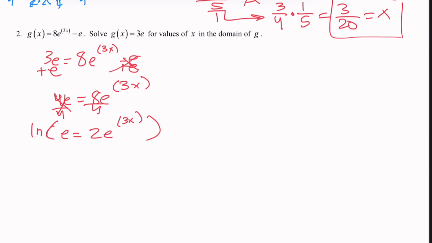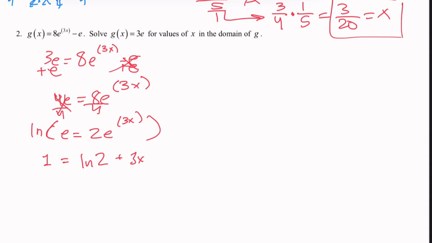So we can basically just write 1 is equal to ln2 plus, looks like this value right there. So I'm going to write ln e to the power of 3x, but because it's the power, we can move it to the front. So 3x times ln e, and again that's 1, so we can just erase that because it's 3x times 1 basically.